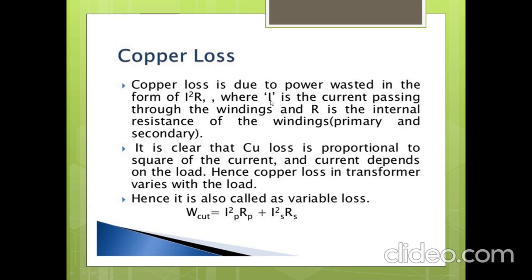Hence, copper loss in a transformer varies with the load. Hence, it is also called variable loss. W_cu equals I_p square R_p plus I_s square R_s. Okay, so this was the copper loss.